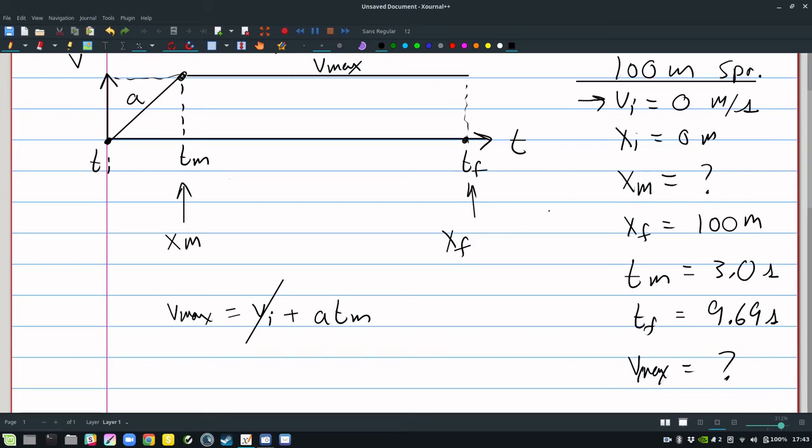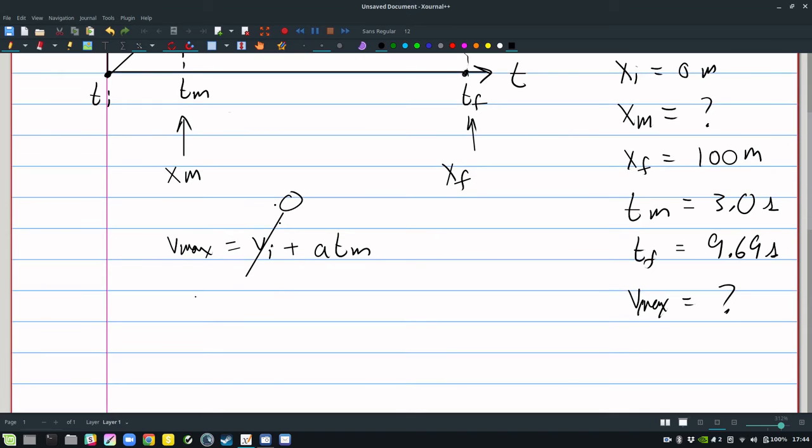You have to start from a standing position. Not a standing position, but you have to start still. They're actually loaded into blocks. They used to do it standing, but now you're crouched. But there is no velocity, so that's 0. And so v max will just be whatever the acceleration is times t middle.